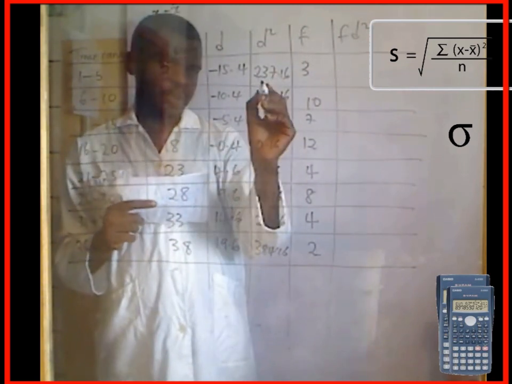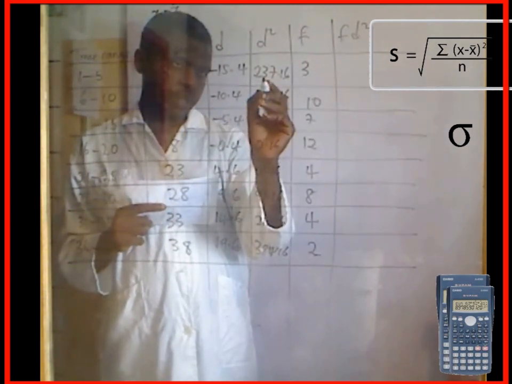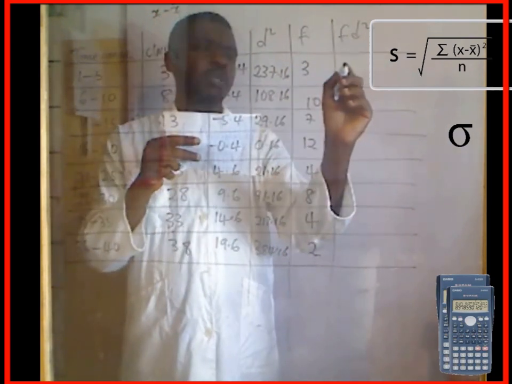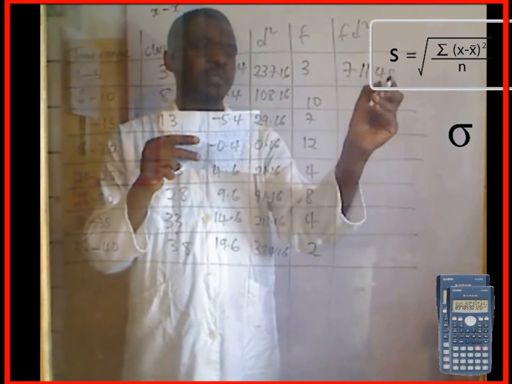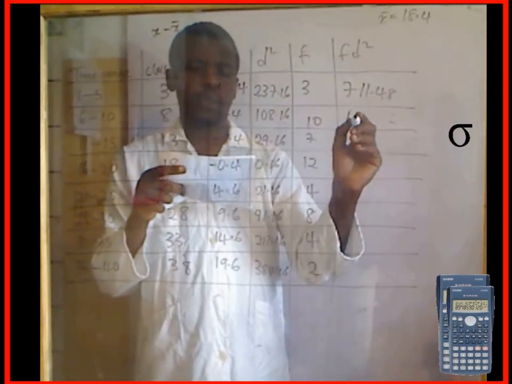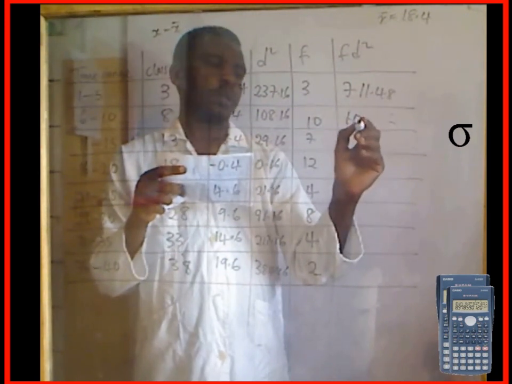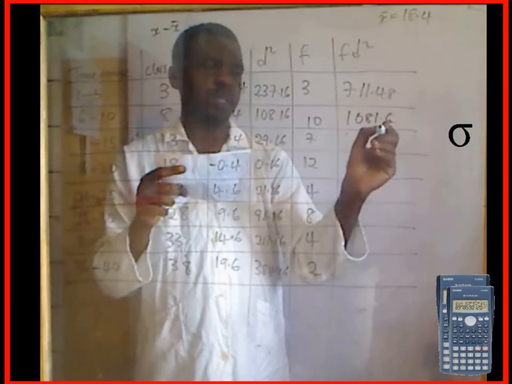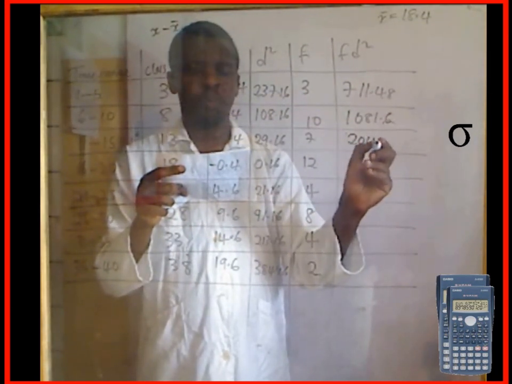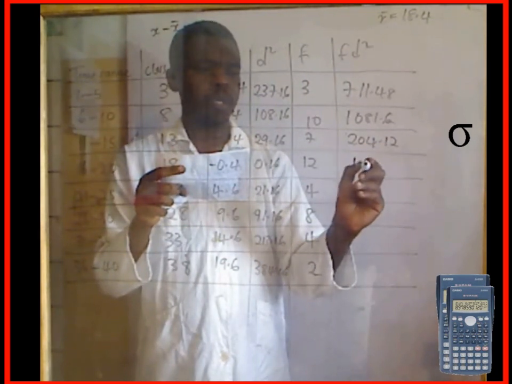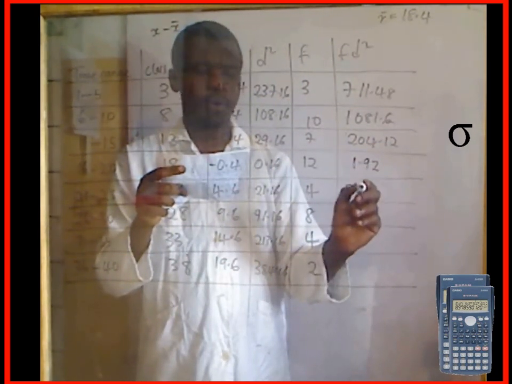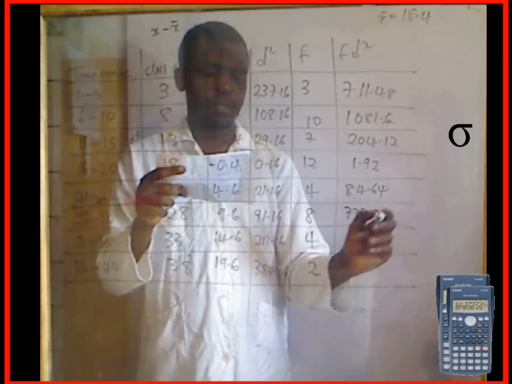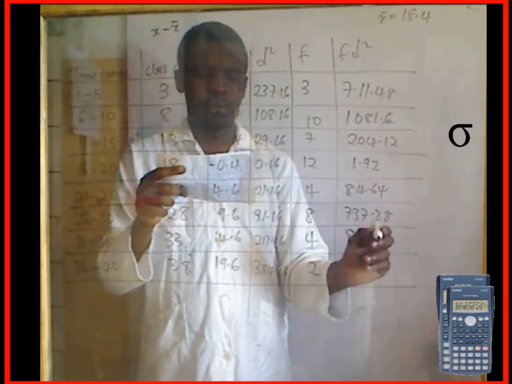Here I have 3 times 237.16, 711.48, then 1081.6, 204.12, 1.92, 84.64, 737.28, 852.64.